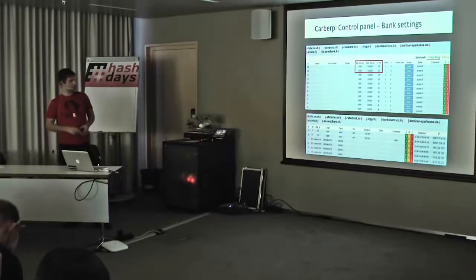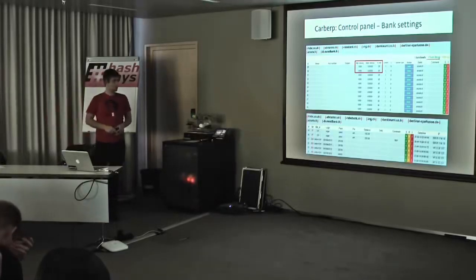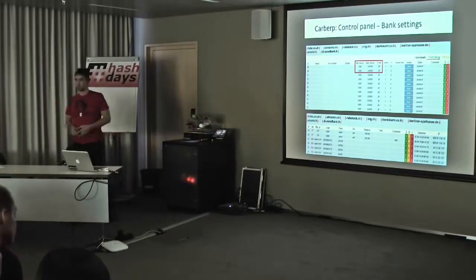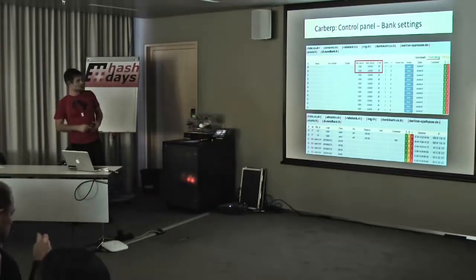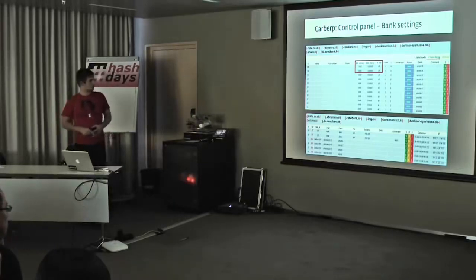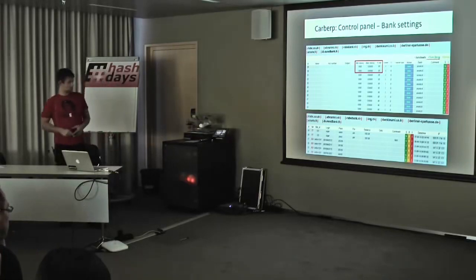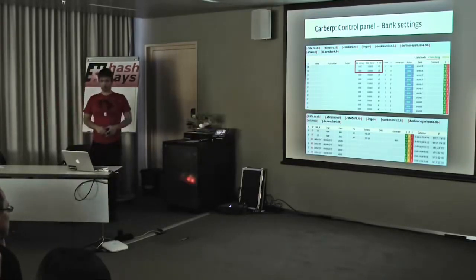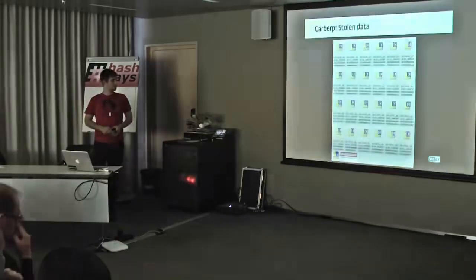And over here you can see the different banks that Carberp is targeting. And as you can see, these aren't only Russian banks. There's HSBC of UK. There are banks in the Netherlands, Israel, German Sparkasse, Latvian banks. So pretty global targeting of Carberp.